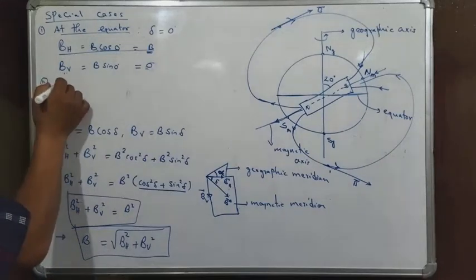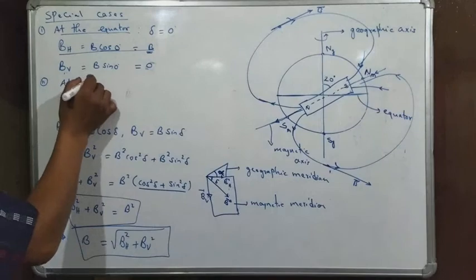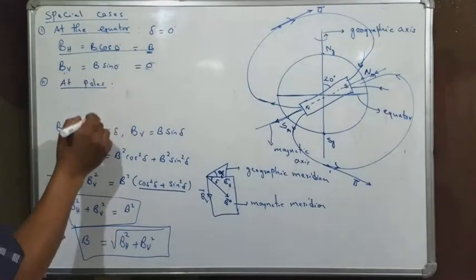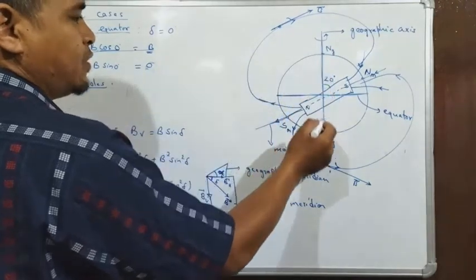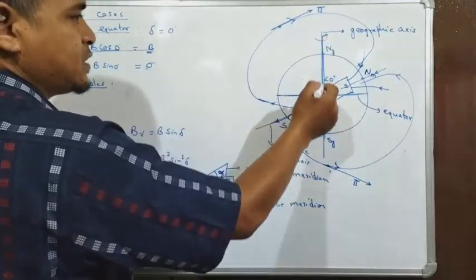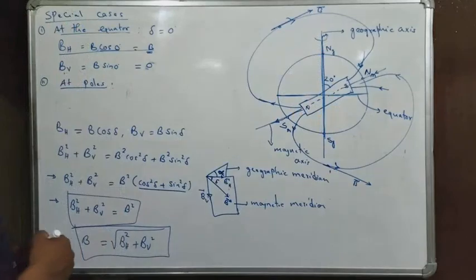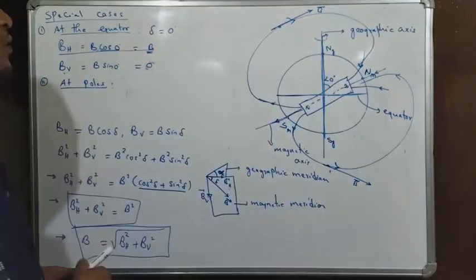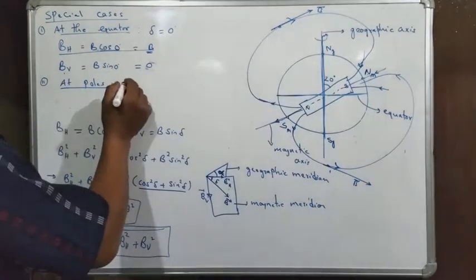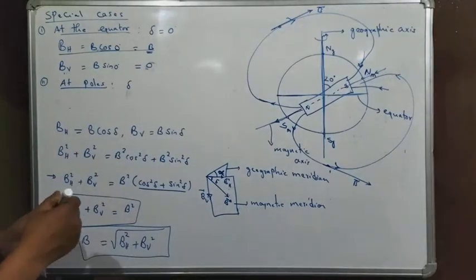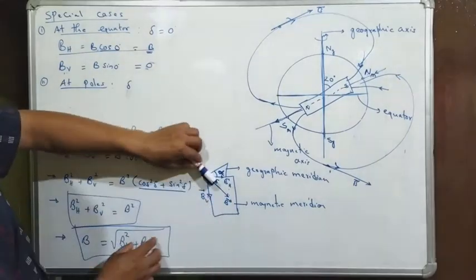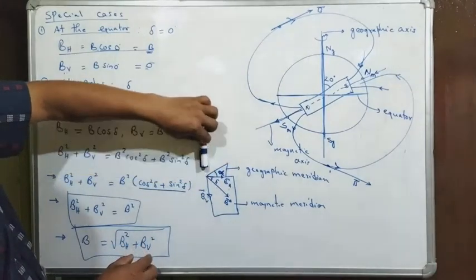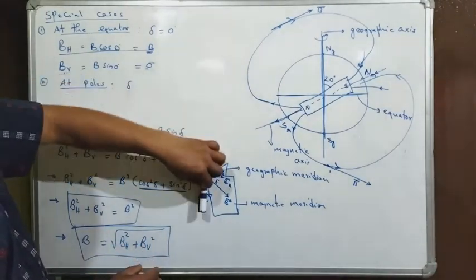The second case is at the poles. When I say at the poles, it means at these two points. If you consider this line, then at this pole, how much is the angle of dip? Here this B should be going down perpendicularly in this way, pointing downward.